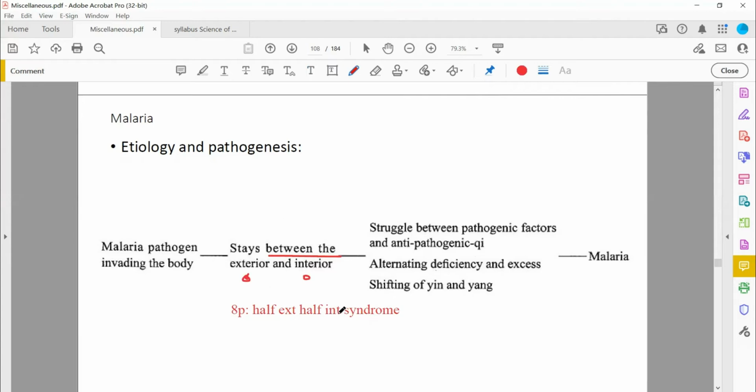So this one, the general pathogenic factors, that's the pathogen versus the healthy qi. Then there will be deficiency and excess, then shifting of yin and yang. Same meaning.